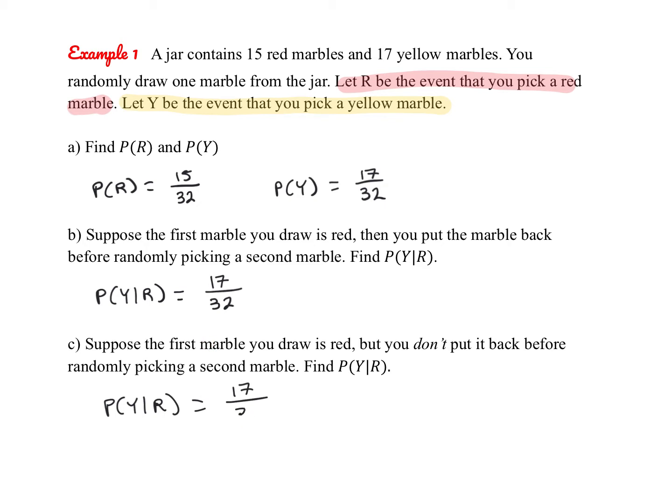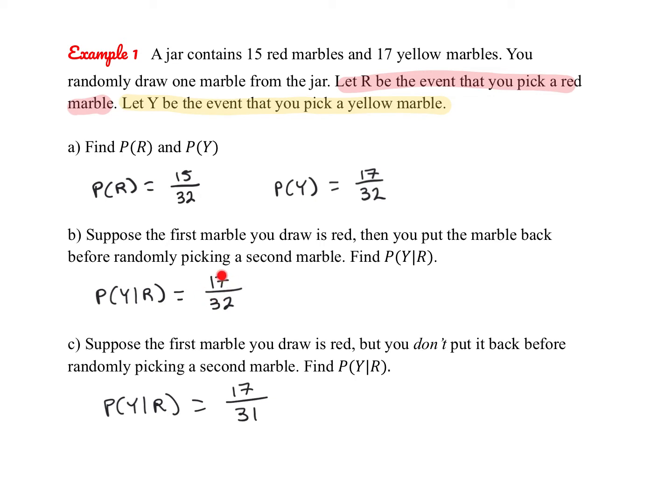So there are only 31 total outcomes. The probability here, when we don't put the marble back, is 17 out of 31. So the probability of Y given R is not the same as the probability of Y. Here we have two examples of two different types of events.